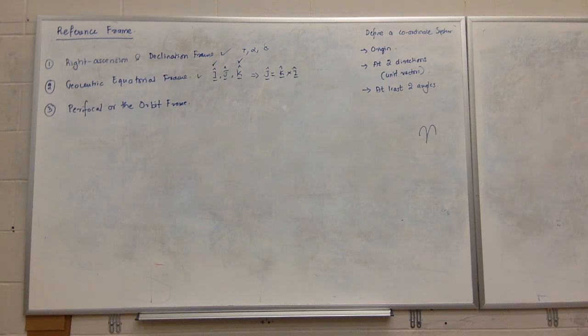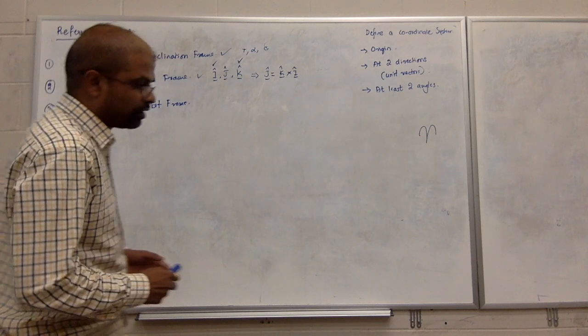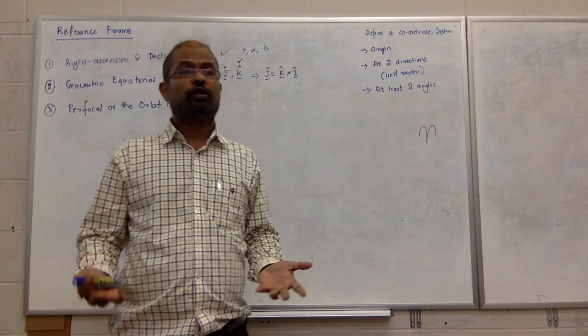What are these angles? Right ascension. What is this angle? Declination. This is the I direction, the I unit vector. This is how it's defined. So you can have this, or you can simply say R is equal to this, R times UR. So this defines the relationship. So what is more convenient for us?